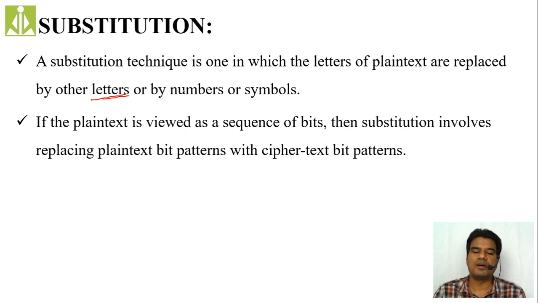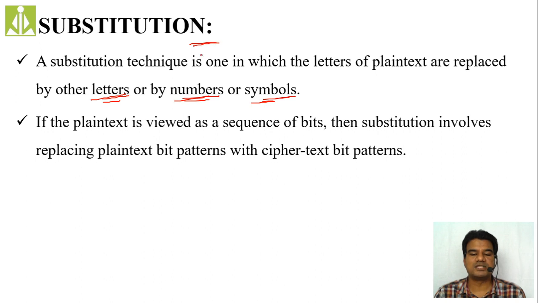Whatever we are generating for this substitution is dependent on the key itself. Based on the key value only, we are going to get these substituted letters, substituted numbers, and substituted symbols. We'll discuss one simple example for the substitution technique.